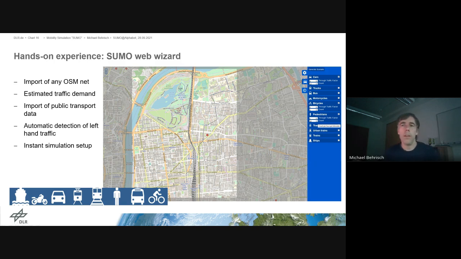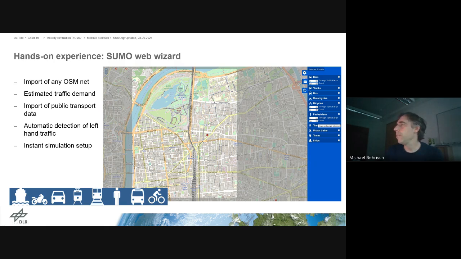Okay, so this was the talking. Now we can try it out if you want to. If you downloaded SUMO and had a successful installation, then you can now try the OSM Web Wizard. If you are on Windows, you should have something in your start menu which says OSM Web Wizard.